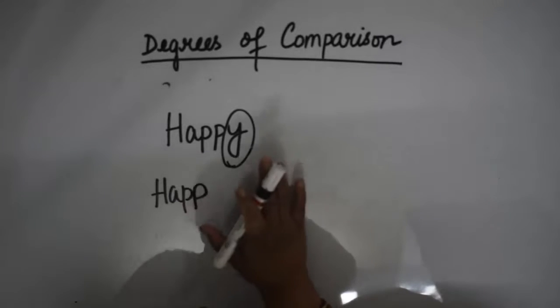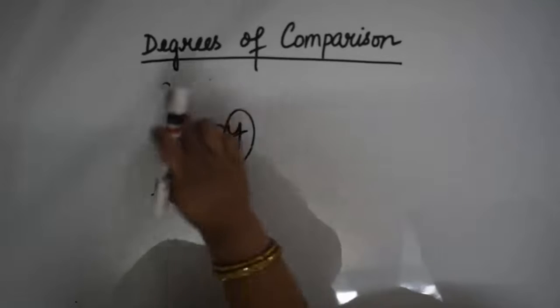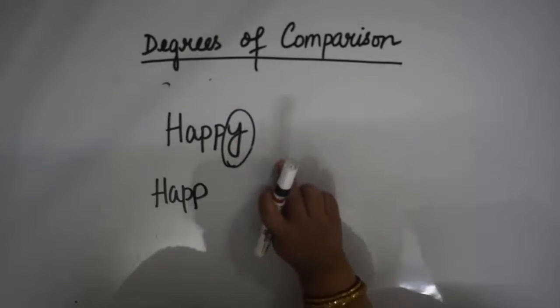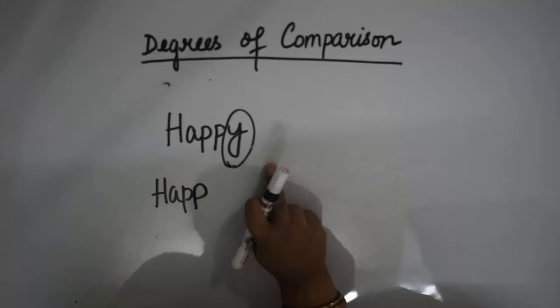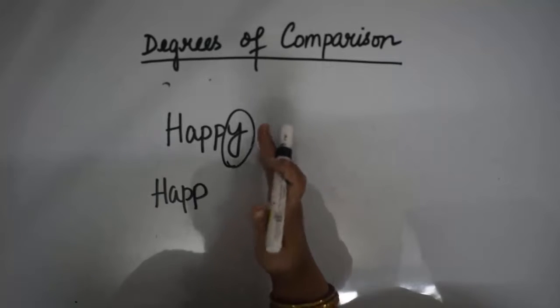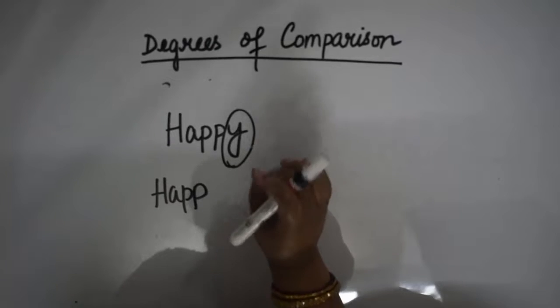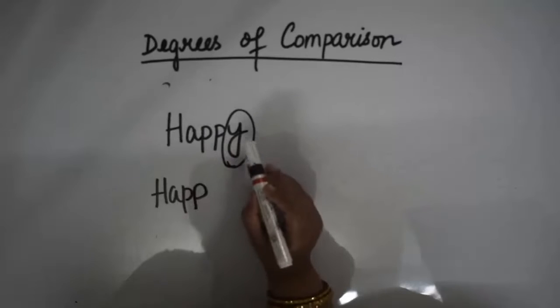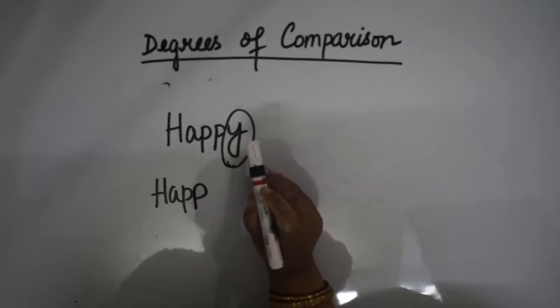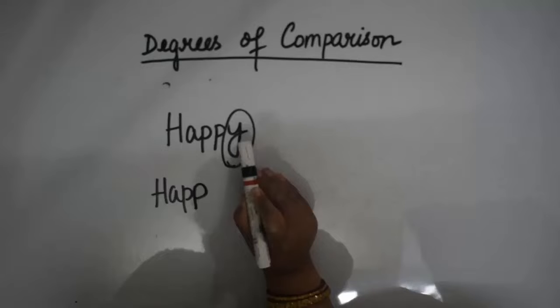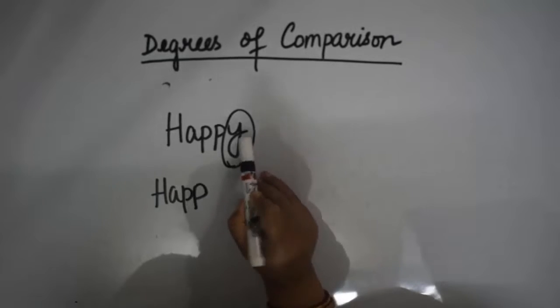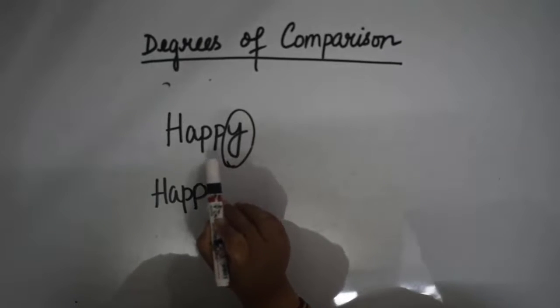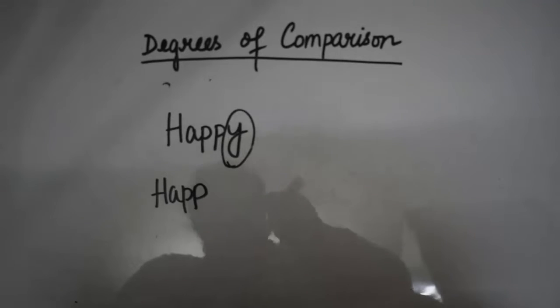If I have to make the comparative form of the word happy, I need to see with which letter the word ends. I find that it's ending in Y, and the Y has a consonant before it. So what do I have to do?